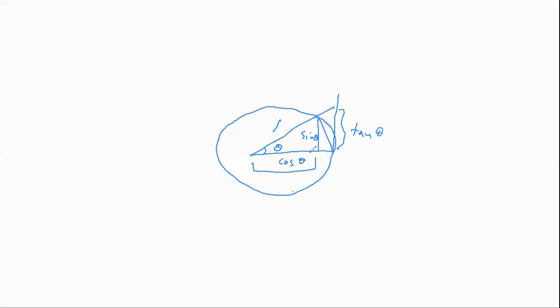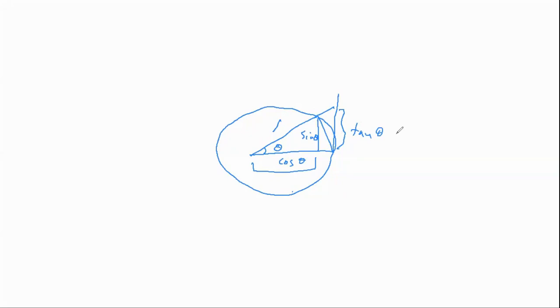The adjacent is the radius, equal to 1. Didn't we say the radius equals 1? So tan theta is equal to the opposite divided by 1. So the opposite is tan theta, right? Everybody sees that?